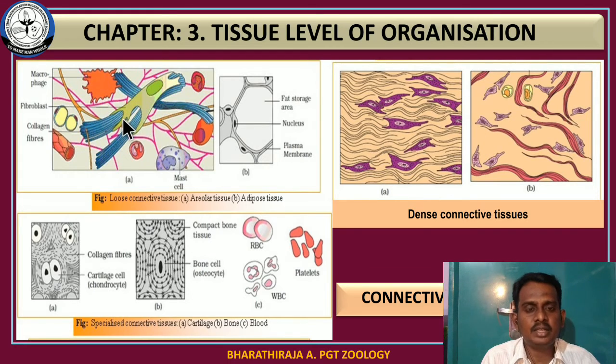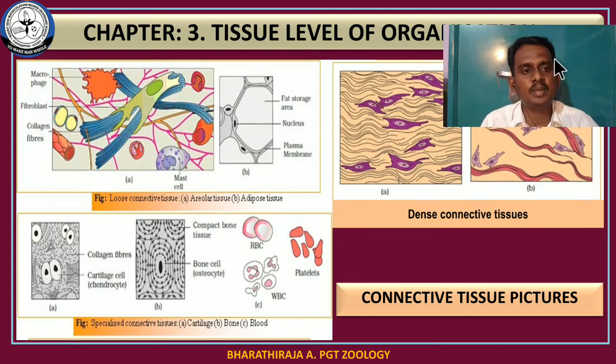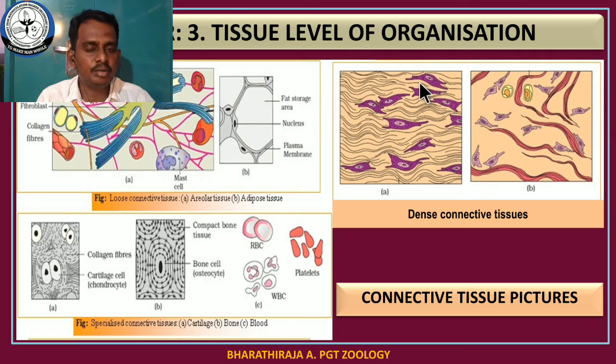Areolar tissue and adipose tissue are examples of loose connective tissue, where the fibers, cells, matrix substance and fibroblasts are loosely arranged. In dense connective tissue, the fibers, fibroblasts and matrix are compactly packed. That is the reason this type is called dense connective tissue.